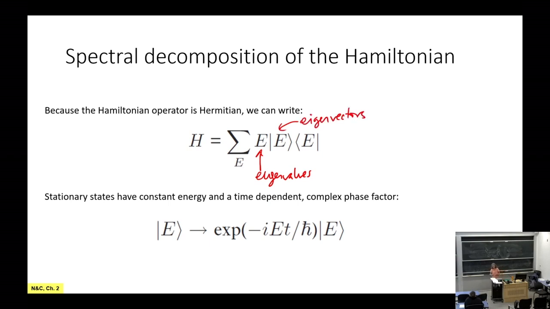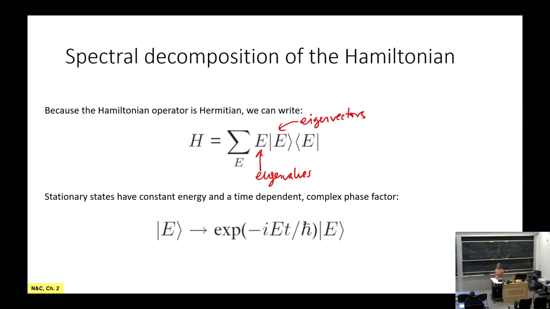And the states, E, those are our energy eigenstates, or sometimes they're called stationary states. And E, the eigenvalue, is just the energy of that state. And the lowest energy is the ground state. And the corresponding energy eigenstate is the ground state.